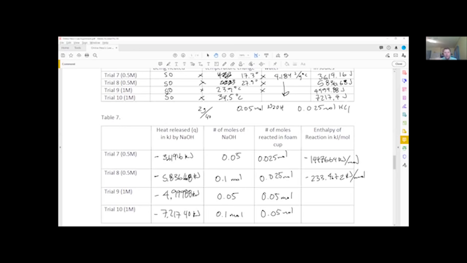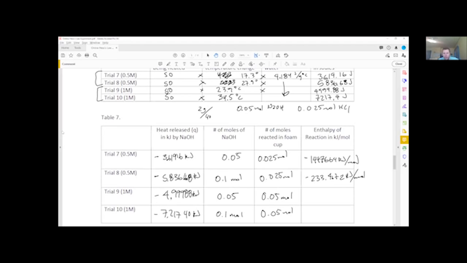Trial number 7 and 8 used a 0.5 molar solution. Trial numbers 9 and 10 used a 1 molar solution of HCl. So our concentration of HCl between trial 7 and 8 and 9 and 10 went up. Therefore, the amount of sodium hydroxide that reacted also went up.